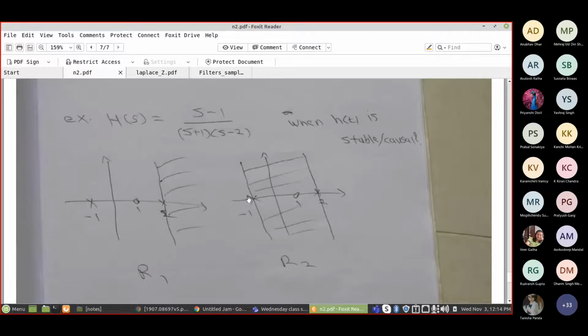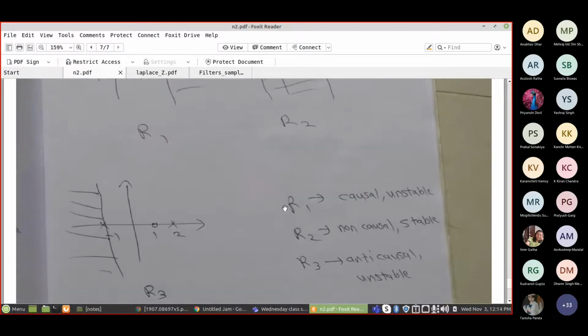e to the power minus t is a causal signal, so we will get e to the power minus t u(t) for this, but this is anti-causal, so e to the power 2t times u of minus t. That will be the time domain expression. So this is stable but not causal. What about this? I've already written that here.